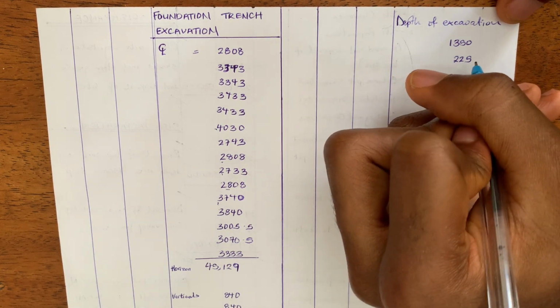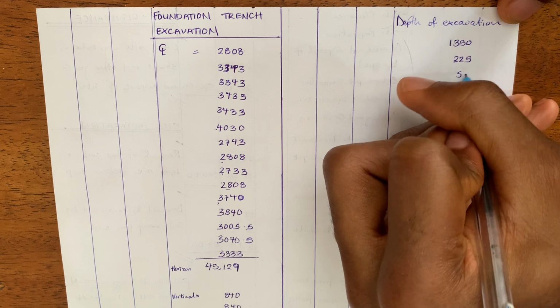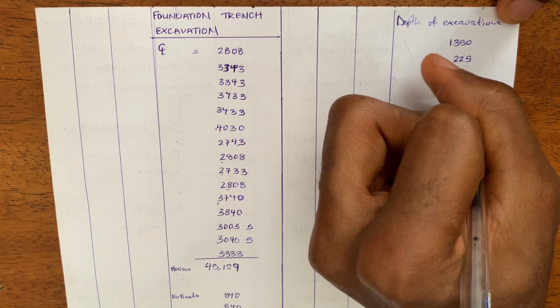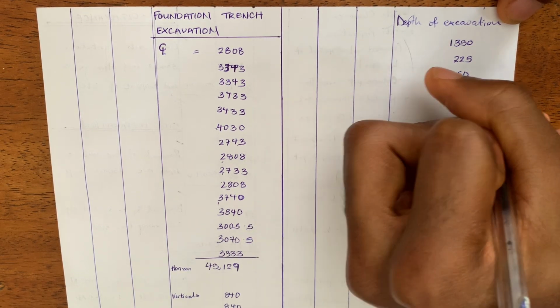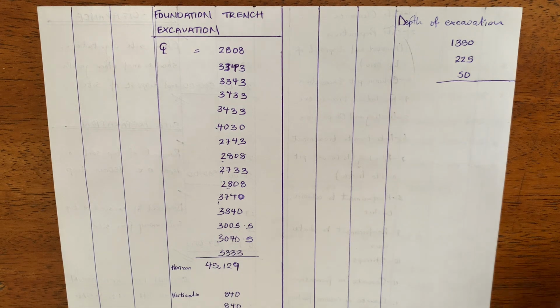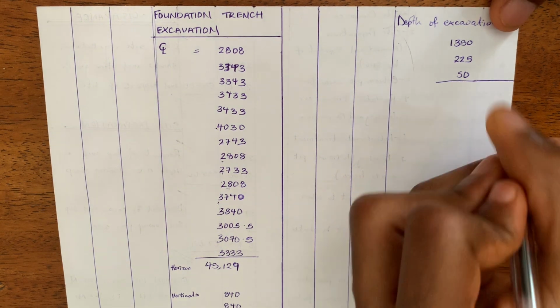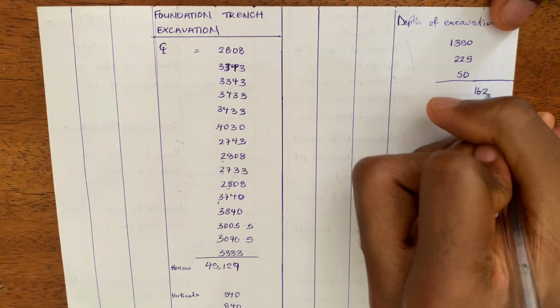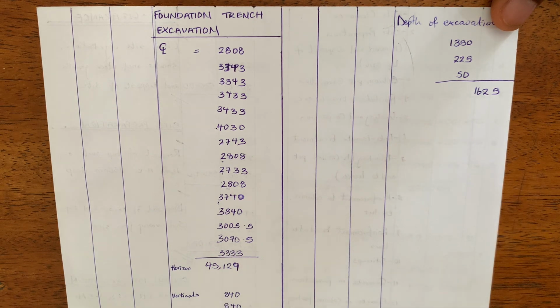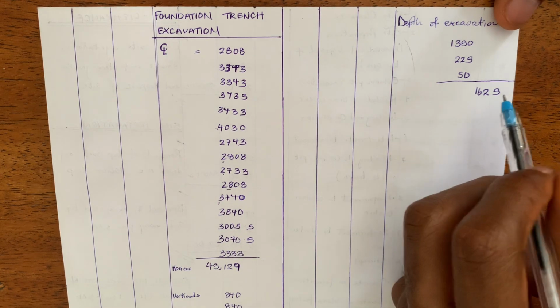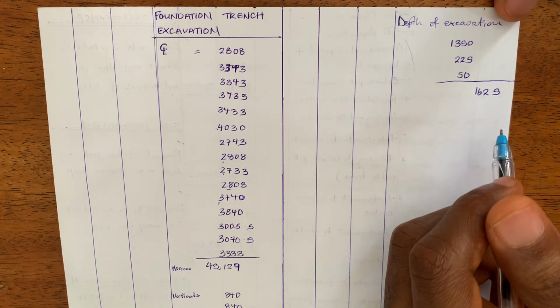Then we'll add the 50 mm blinding. When you add 1350 plus 225 plus 50, you are going to have 1625. So this is the distance from the top of the oversize down to the bottom of the blinding.